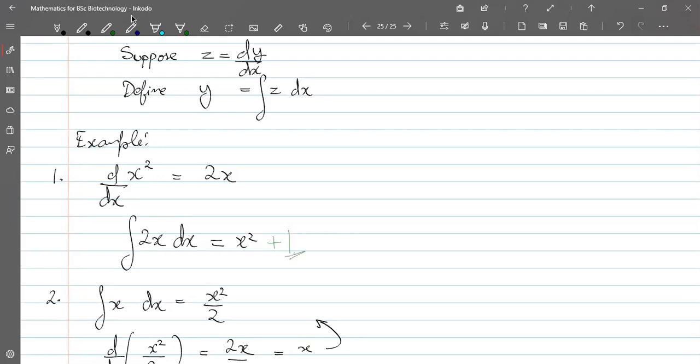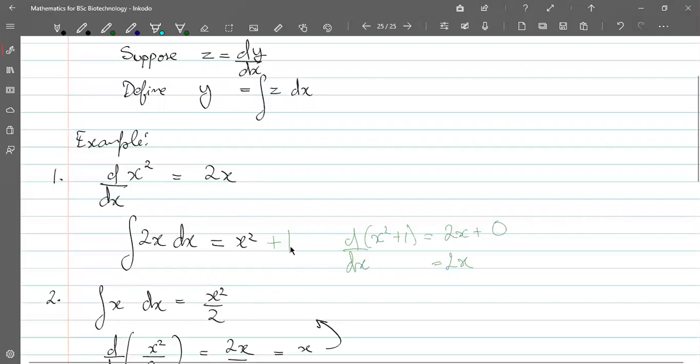Is there anything wrong with this? No, because if you differentiate x square plus 1, obviously you get 2x plus 0, which is also 2x. So it satisfies the definition here. X square plus 1 when differentiated gives 2x. So that is also an antiderivative of this.